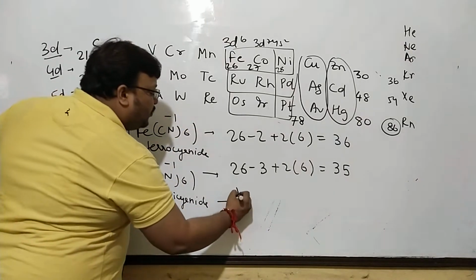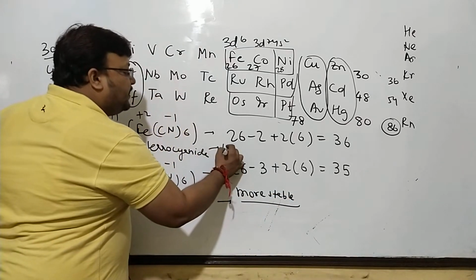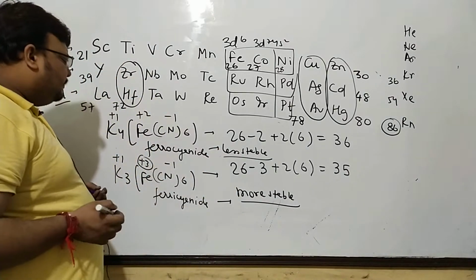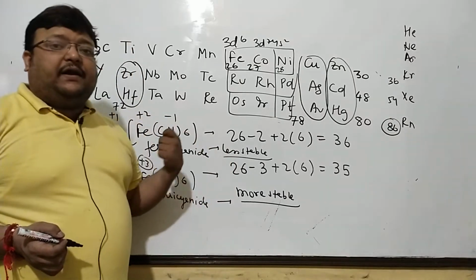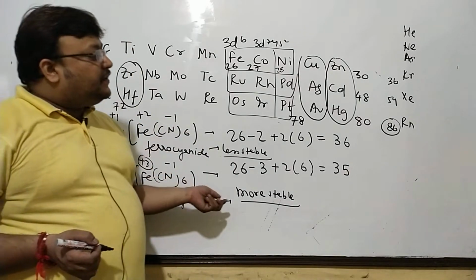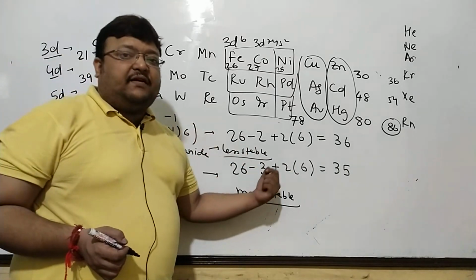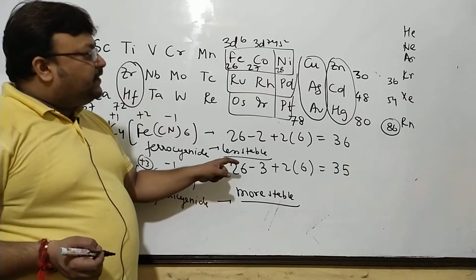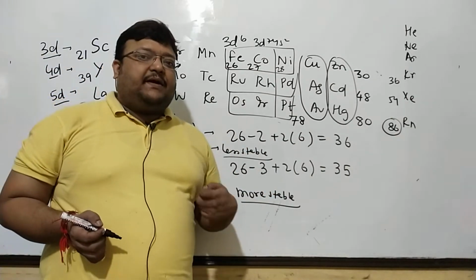So when ferricyanide was found to be more stable, naturally, over ferrocyanide, which is less stable, I'm talking about the relative stability of these two. When 35, which is not an inert gas number, when it's trying to reach inert gas configuration, was found to be more stable than the one where it's already 36, you know it's time to learn a better theory.